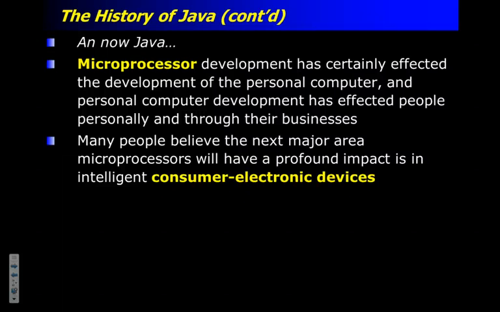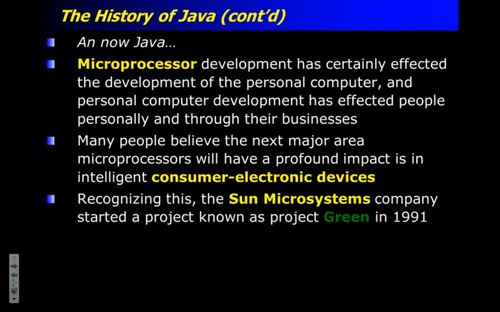Now remember, I'm saying in the early 90s. It was a little sluggish. We now are seeing this happen, and have seen it happen, where we have tablets and we have smart TVs. We even have internet-based refrigerators. But in the early 90s, they kind of foresaw that this was going to happen, but the actual hardware wasn't quite there yet.